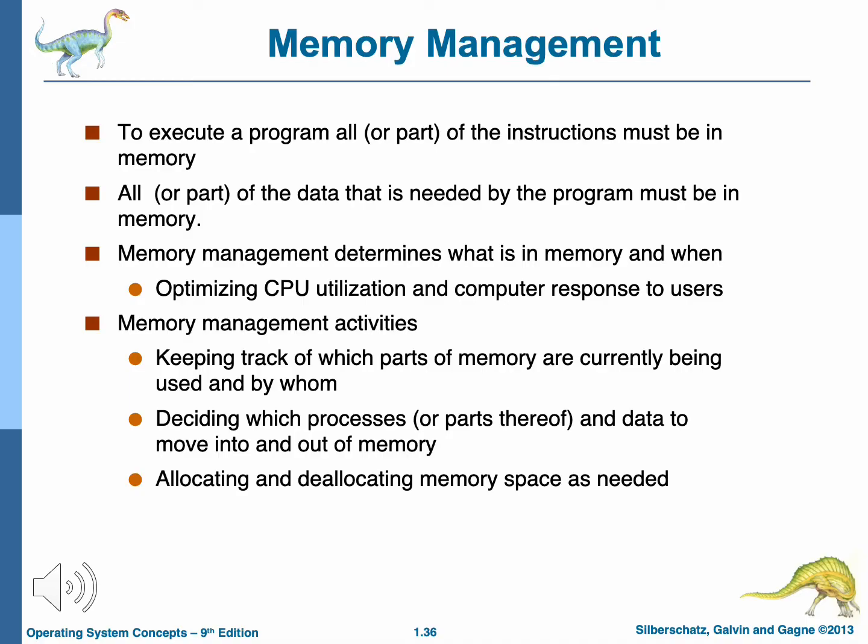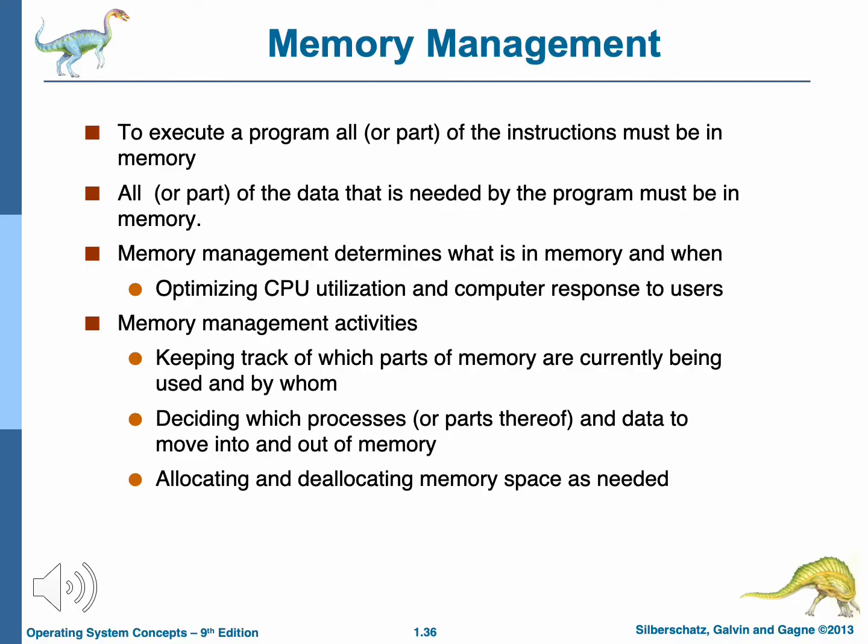Main memory is a repository of quickly accessible data shared by the CPU and I/O devices. The central processor reads instructions from main memory during the instruction fetch cycle and both reads and writes data from main memory during the data fetch cycle on a von Neumann architecture. As noted earlier, the main memory is generally the only large storage device that the CPU is able to address and access directly.